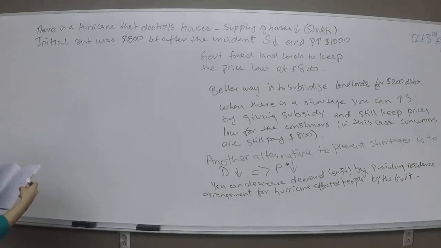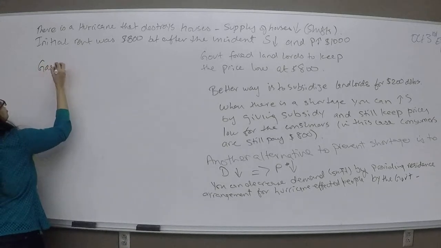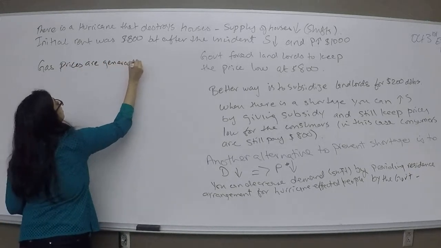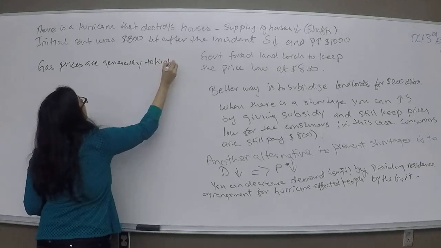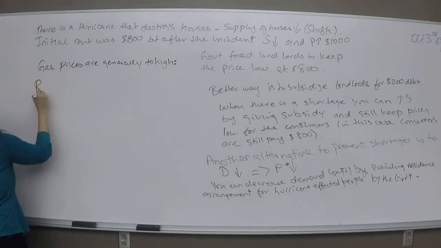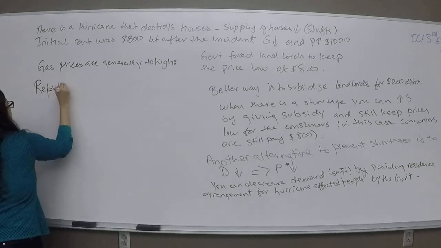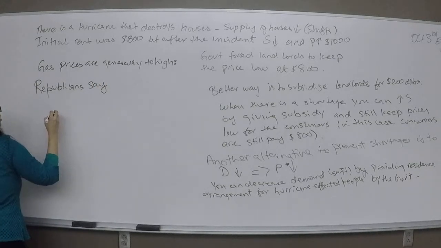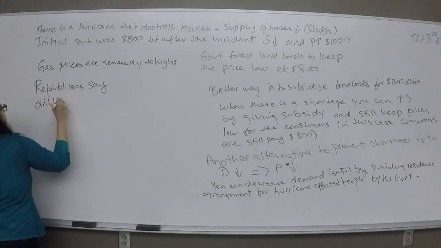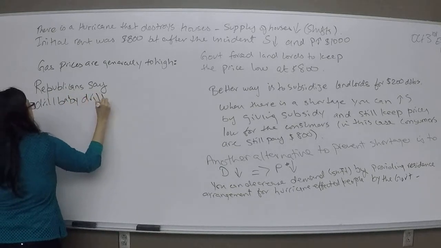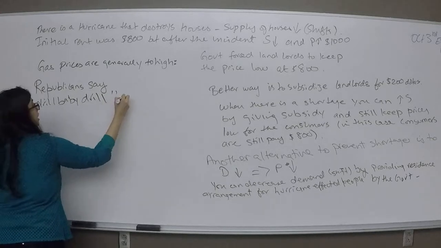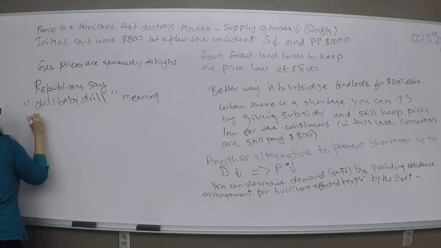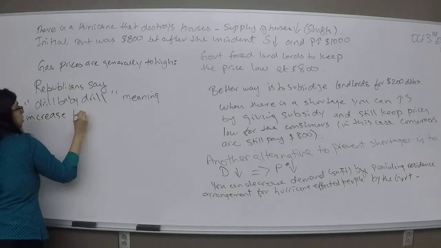So gas prices are generally too high, right? Republicans say, drill baby drill. Meaning increase the supply of gas, increase local supply.